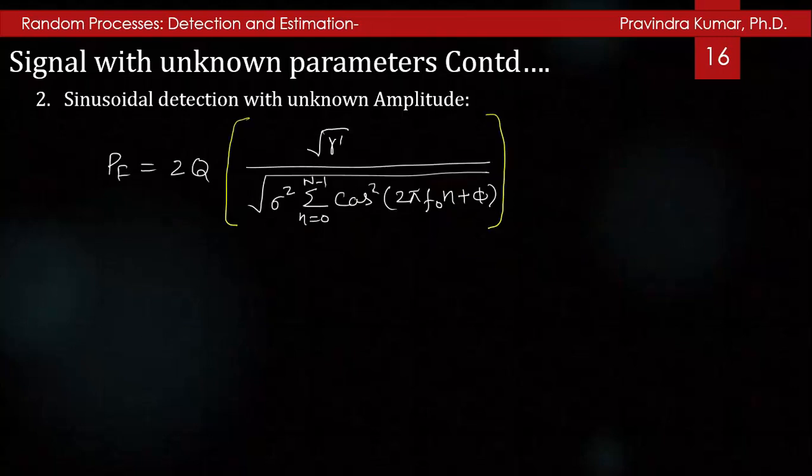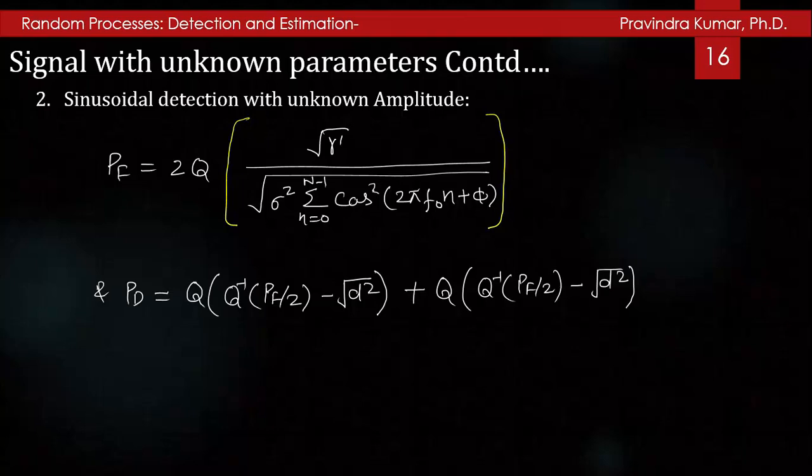Then the probability of false alarm will be the Q function of the square root of gamma dash divided by sigma square times the summation from n equals 0 to N minus 1 of cos square(2 pi f0 n plus phi). Or you can say the probability of detection will be Q of Q inverse of PFA by 2 minus d square, plus Q of Q inverse of PFA by 2 minus d square.